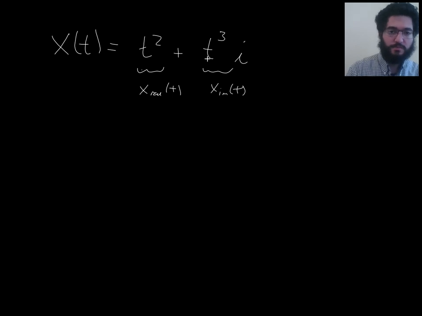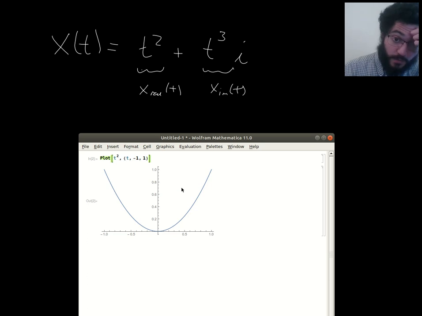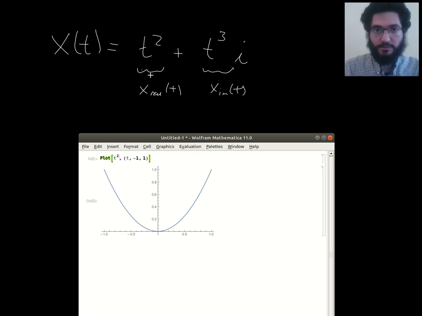One is t squared and one is t cubed. And if you want to plot them, then you have to plot them individually, right? They're actually two functions. So when I say complex valued function, I'm kind of saying two functions. So here's one of them that I've plotted, t squared.